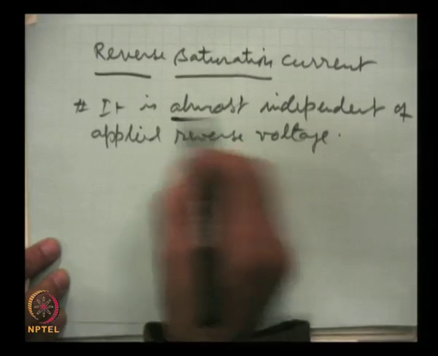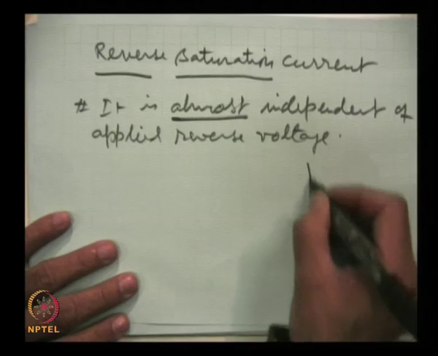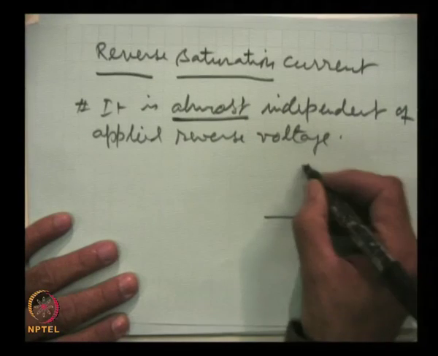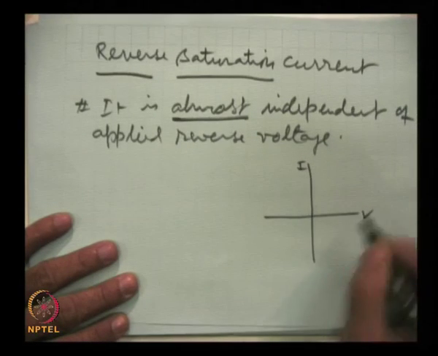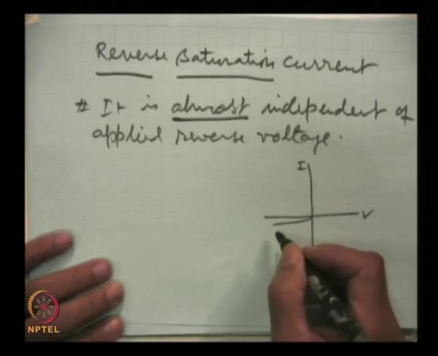Why have I written almost? When you draw the actual IV characteristics in reverse bias, there is a very small dependence on this voltage.